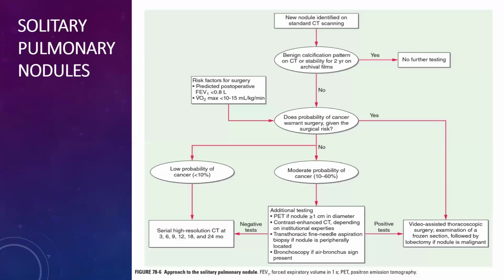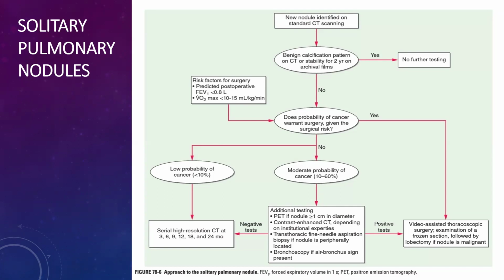So if you have that nodule, again, first check if there is a benign pattern of calcification or if there is stability for 2 years. If you see those benign patterns of calcification or stability for 2 years or more, no further testing is required. That is a benign pulmonary nodule.